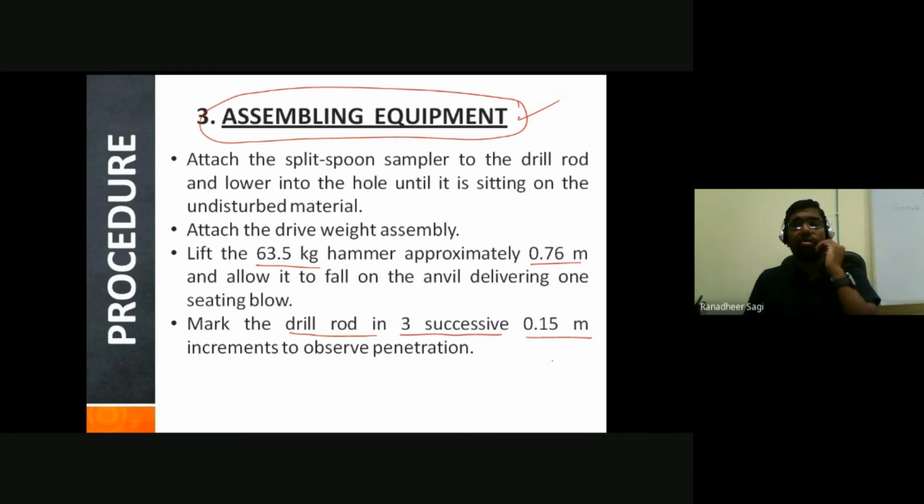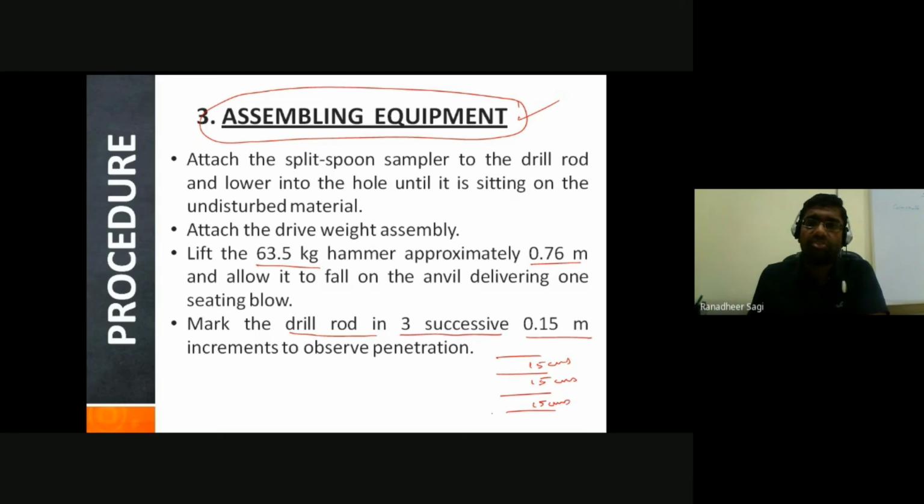Okay, so we are going to see for the first 15 centimeters depth of penetration how many blows were required, then the next 15 centimeters, and the next 15 centimeters, so in 3 successive intervals of 15 centimeters each, we will count the number of blows required for causing the penetration.